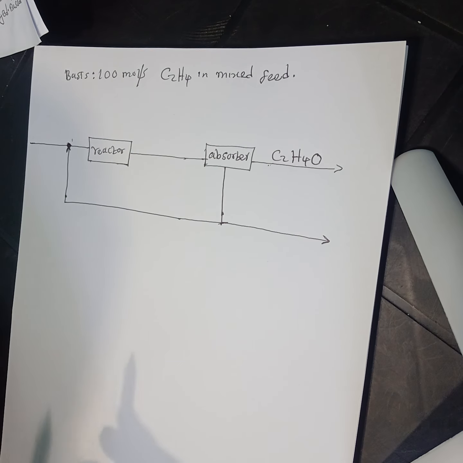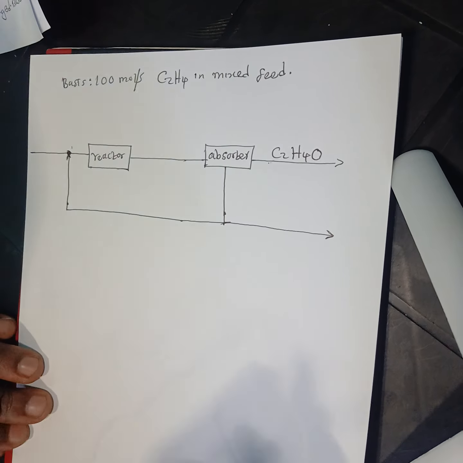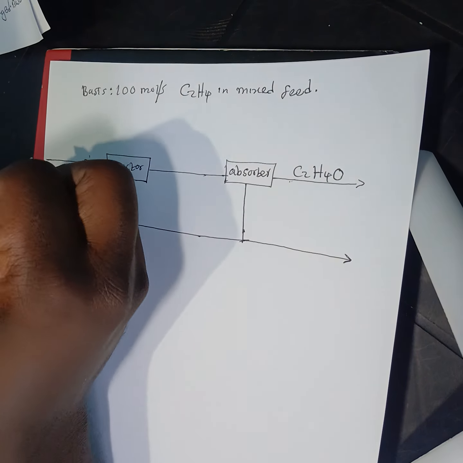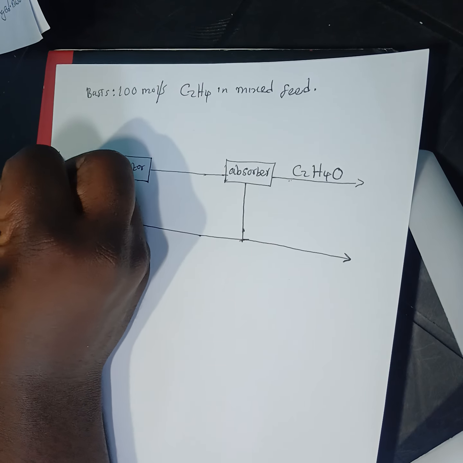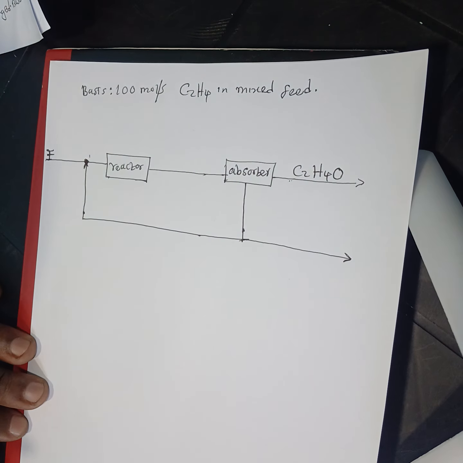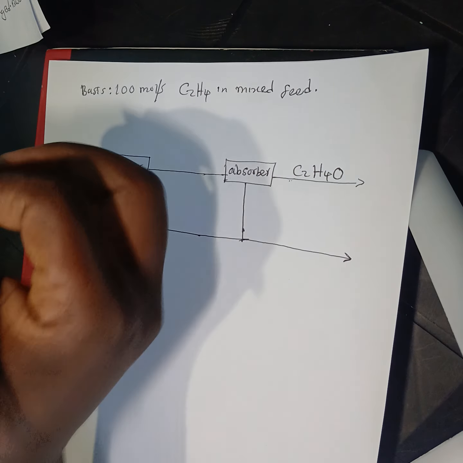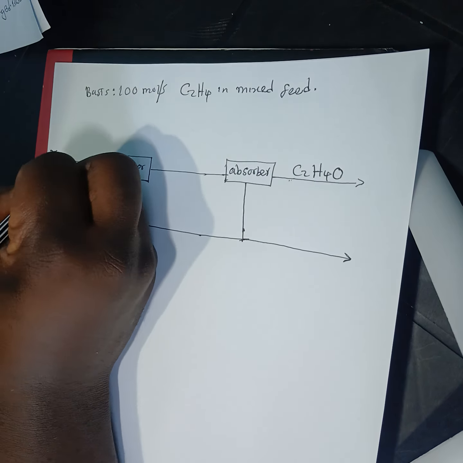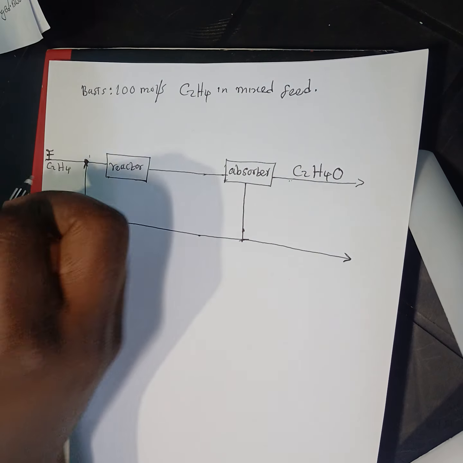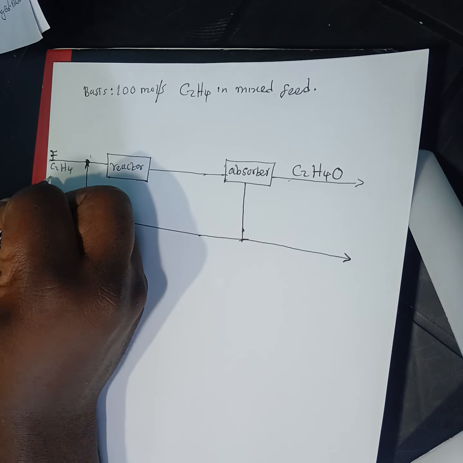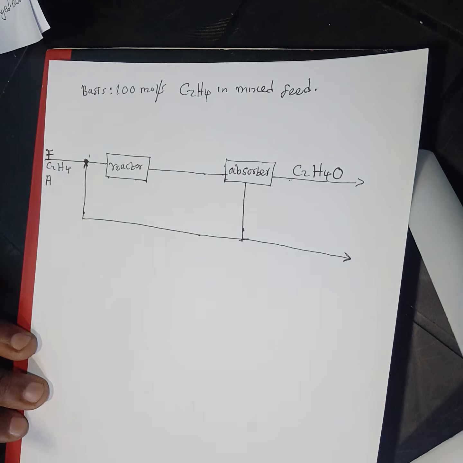Okay, at this point, let's try to put data now. So we're being told fresh feed containing ethylene and air is mixed with recycled feed. So the fresh feed here, we say F as the fresh feed. This fresh feed contains ethylene, like that, and it also contains air.